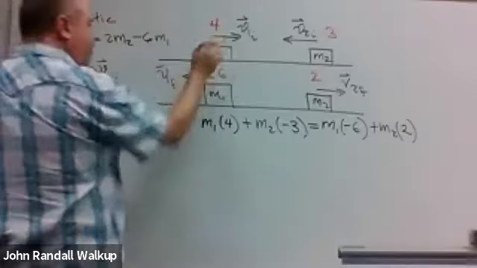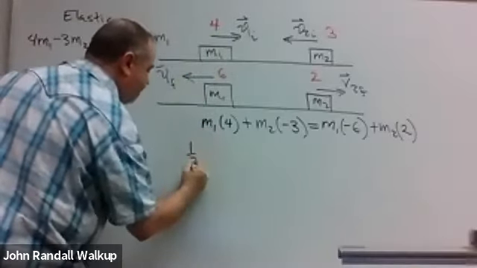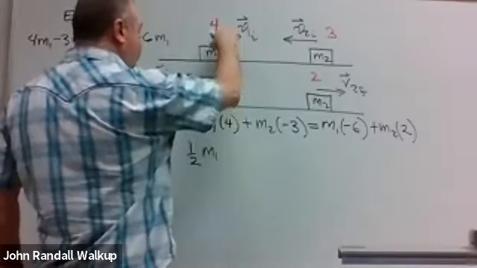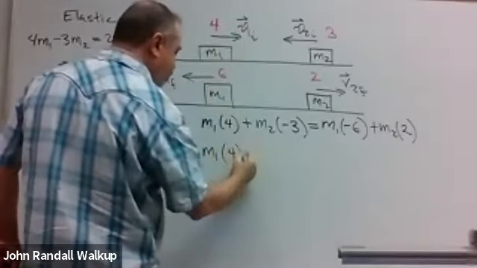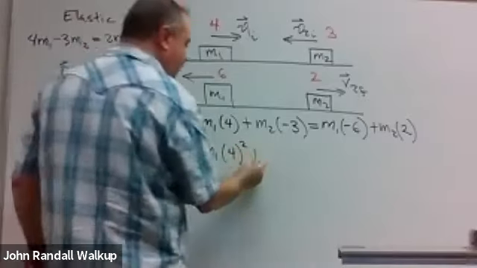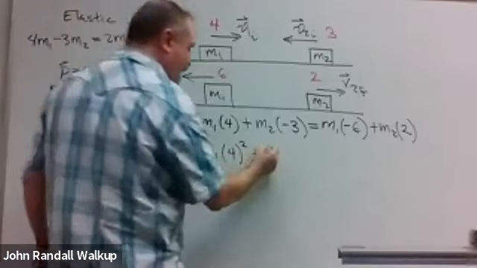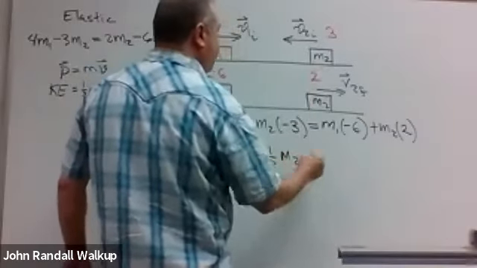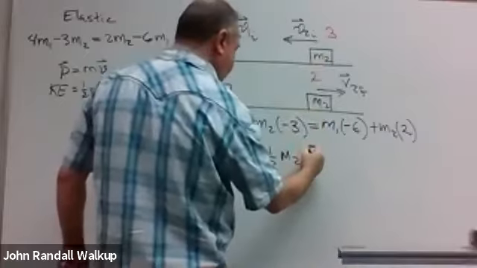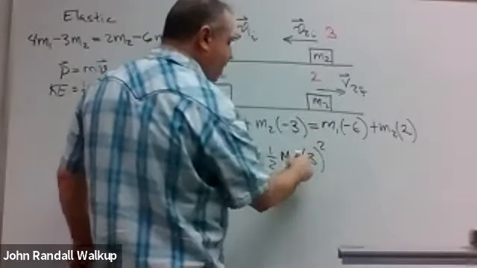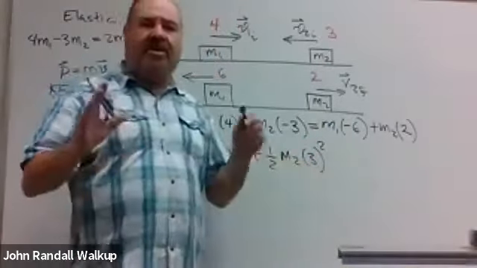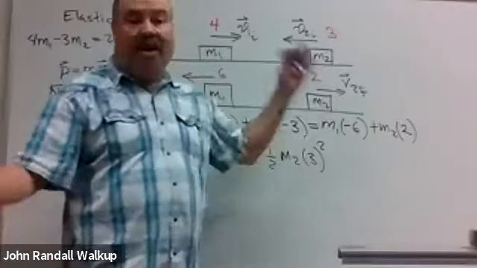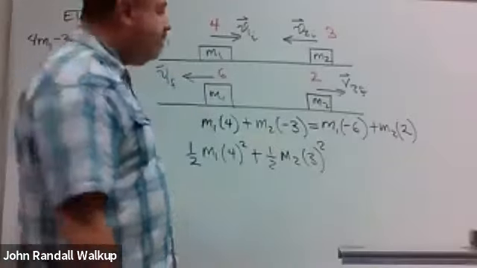So the kinetic energy of this body is what? 1/2 times m1 times the speed squared plus 1/2 times this mass times this speed squared. You're thinking, well, why is it at -3? Kinetic energy is a scalar quantity. It's always positive. You can put a -3 there if you want, but you're going to square it. It's going to be +9 anyway.